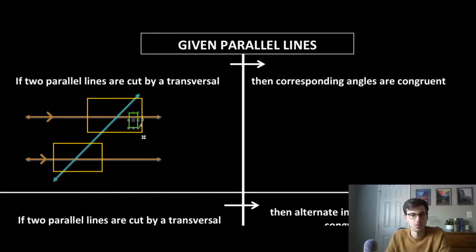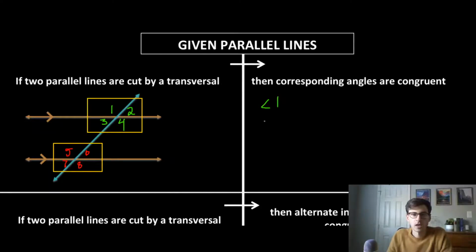So for example, let's look at, if I call this angle 1, 2, 3, 4, and then maybe I call the angles in this box 5, 6, 7, and 8. Well, these parallel lines have been cut by the transversal, and so the corresponding angles are congruent.